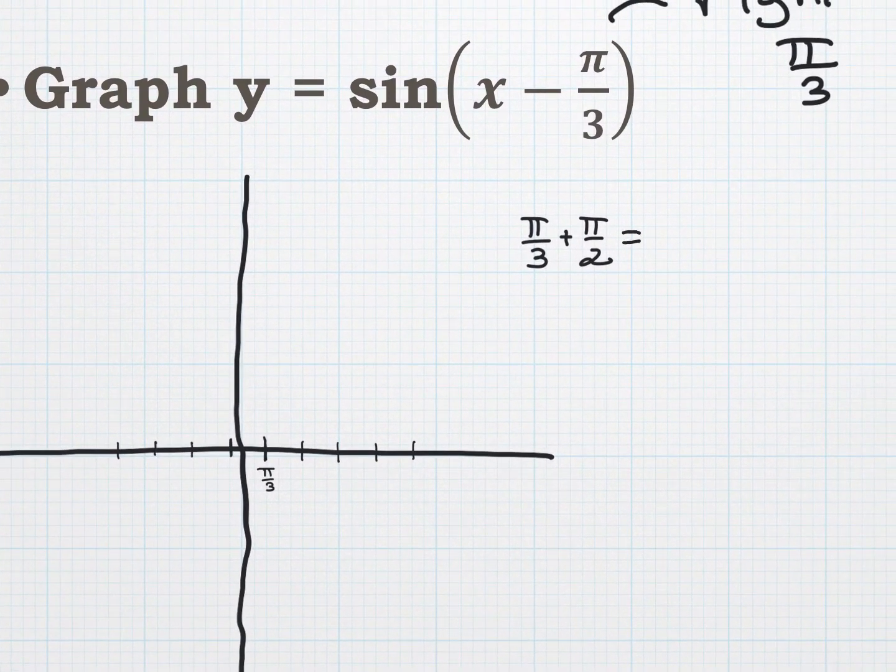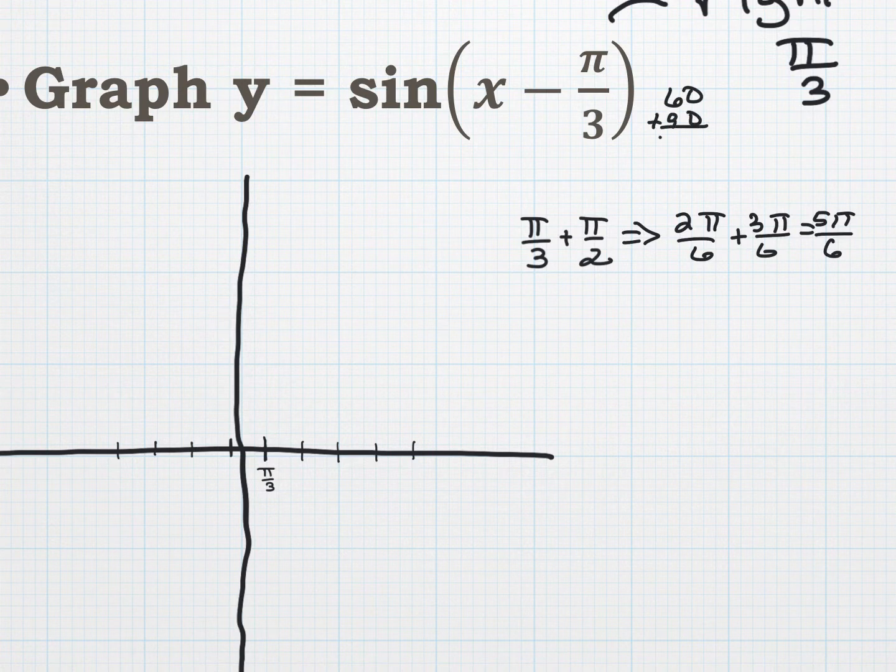So I'm going to change this into 2 pi over 6 plus 3 pi over 6, which gives me 5 pi over 6. So if you think about it, pi over 3 is 60 degrees. When I add 60 plus 90, that's 150. And that's what 5 pi over 6 is.